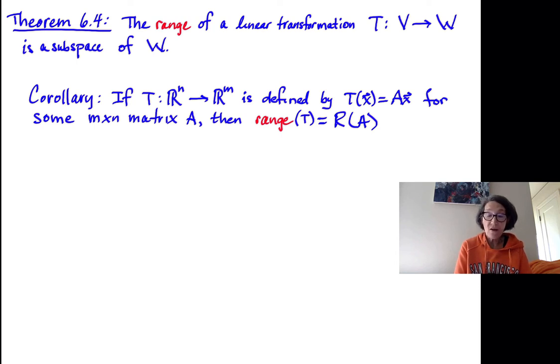We write R of A. So R of A is the column space of the matrix A, and it's also the same as the range of the transformation defined by A.